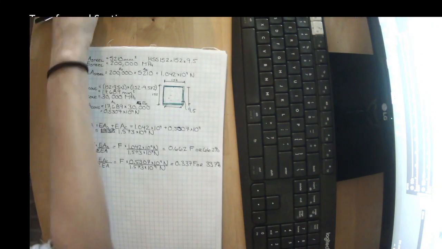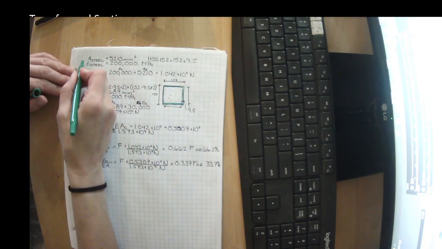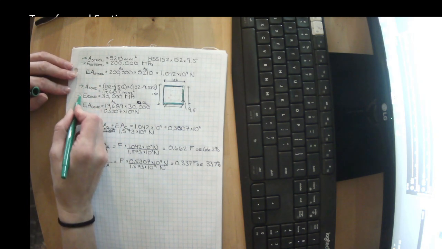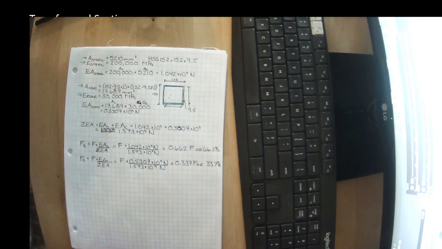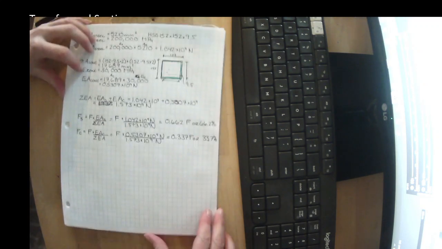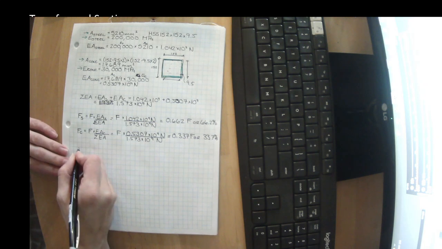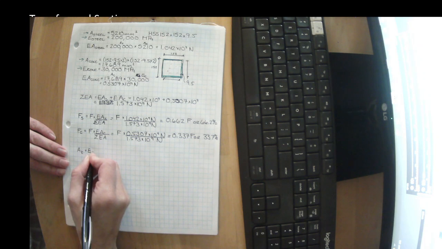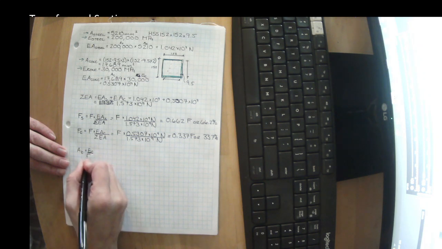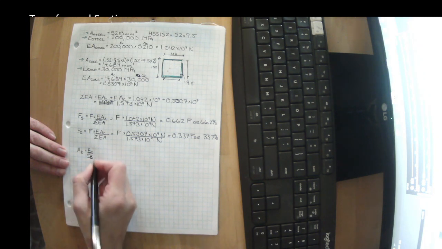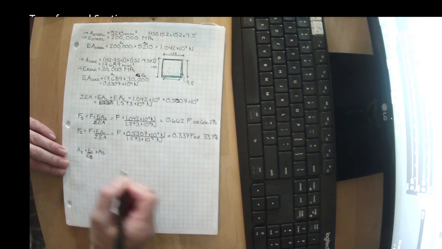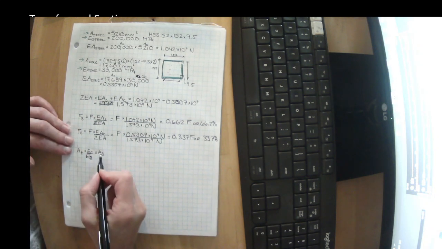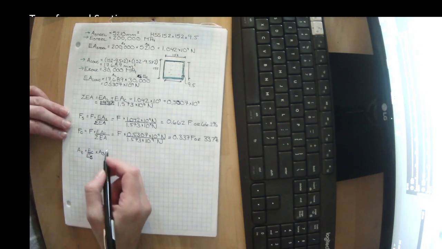We already have the area of our steel and the E of our steel, and the area of the concrete and the E of our concrete. We want to know what the transformed section is, or area transformed is the E of the concrete divided by the E of the steel times the area of the steel. What we're saying is, if we pretended this steel was concrete, how much would we need it to be?